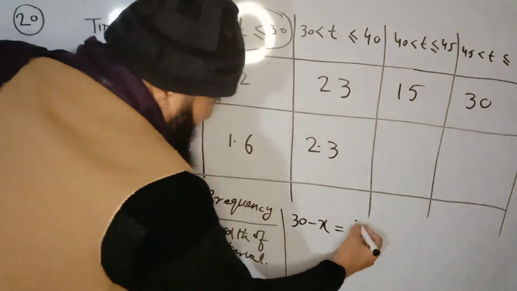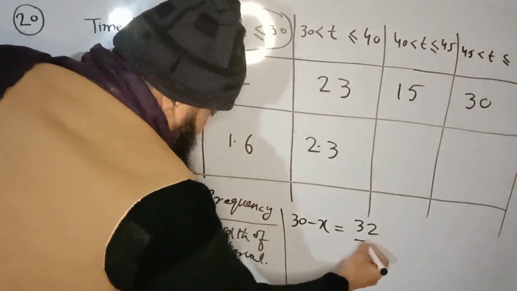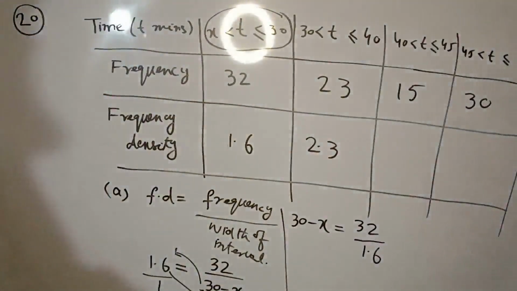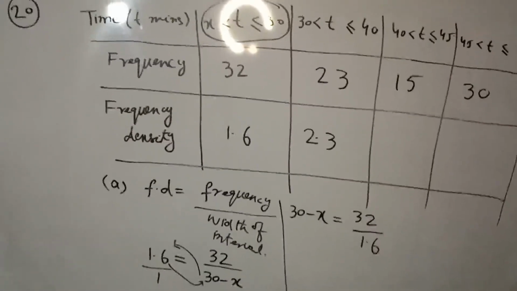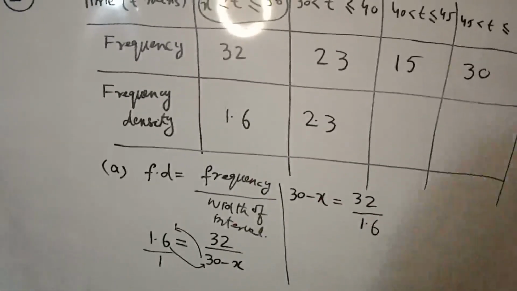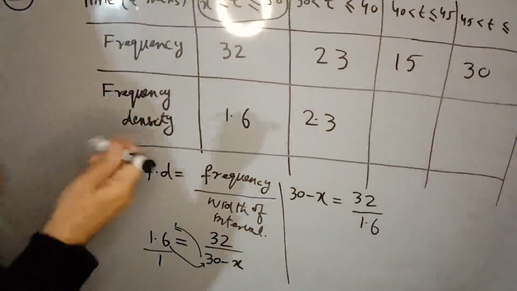So this will be equal to 32 divided by 1.6. Got it? So I shifted 1.6 to the right hand side and 30 minus x to the left hand side. Therefore, it becomes 30 minus x is equal to 32 over 1.6.